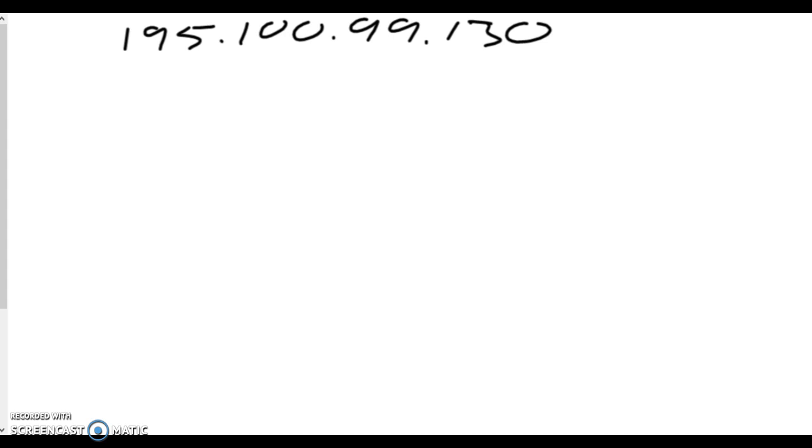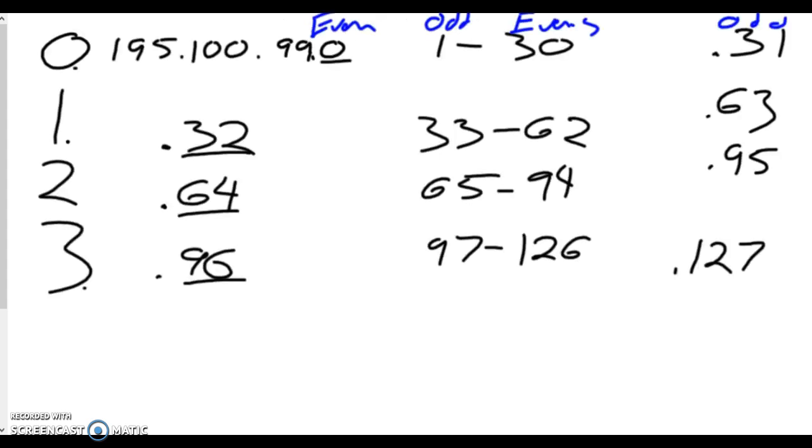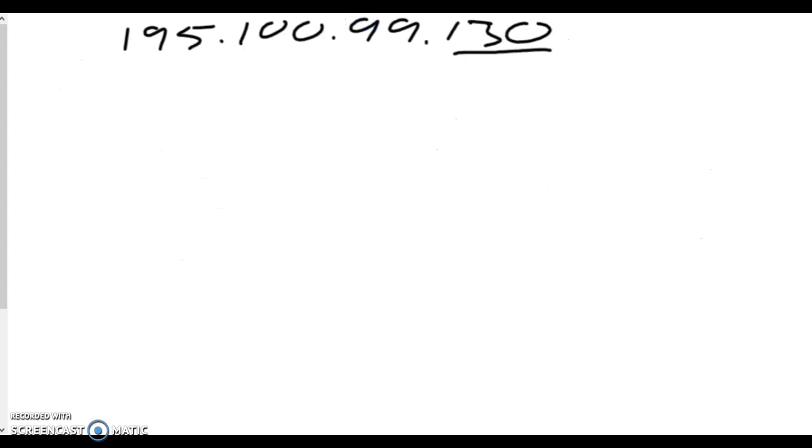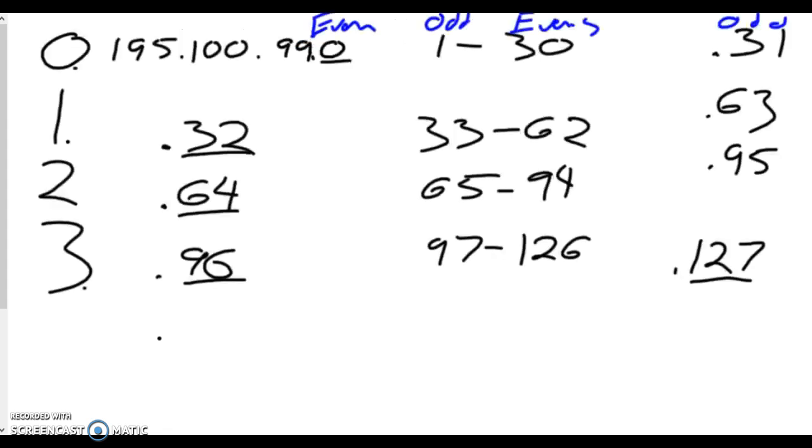So first off, I know that this is even, so it could possibly be a range, and it could possibly be a network address. But if I look back at my previous sheet, I could see that the range here would be 96 to 127. My next one is going to be 128, plus 32 would be 160.